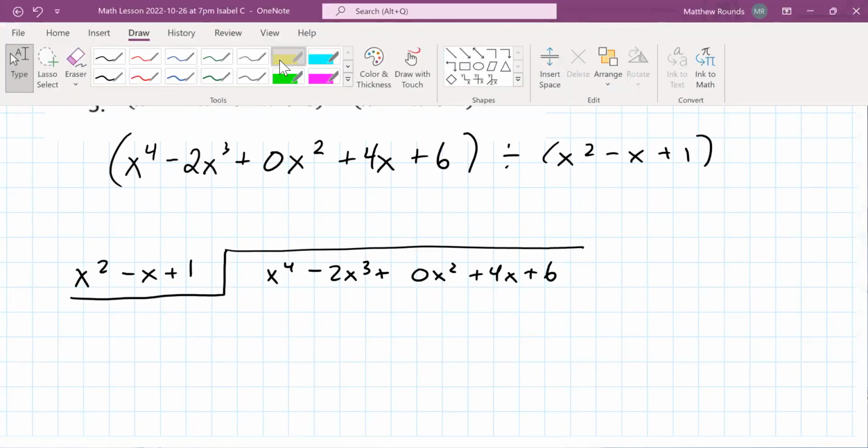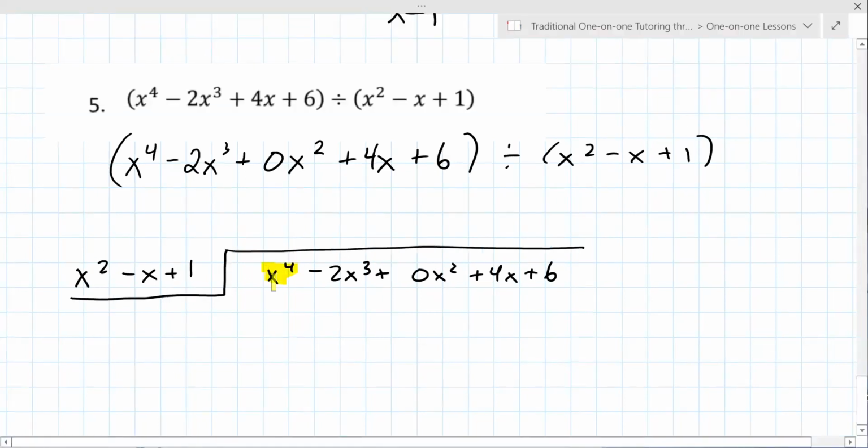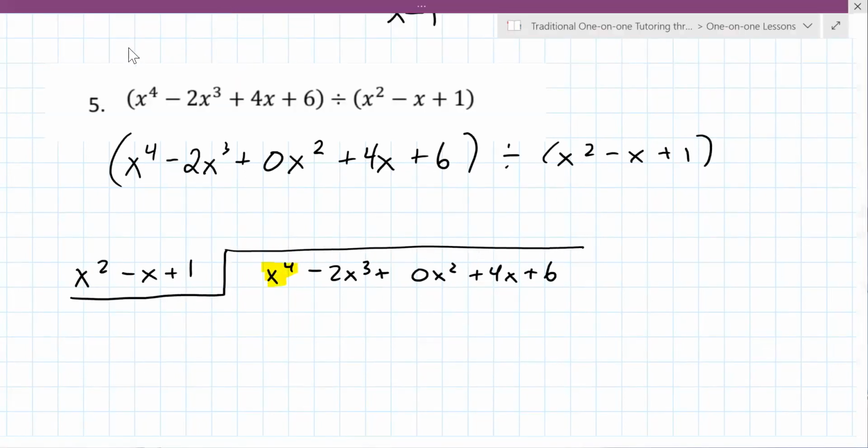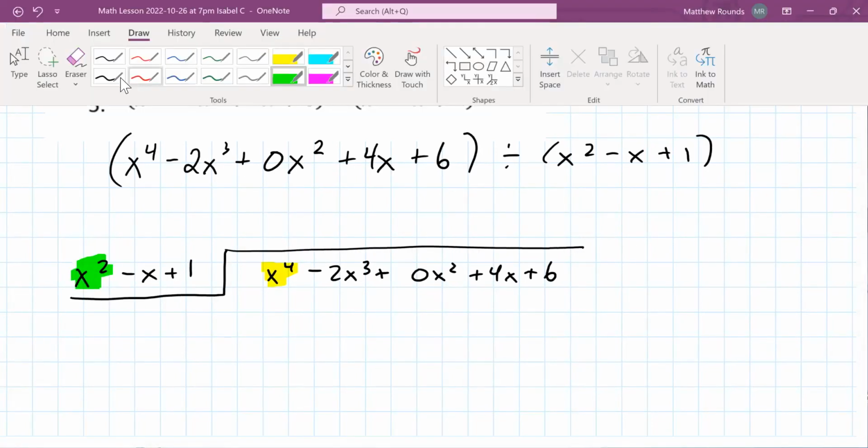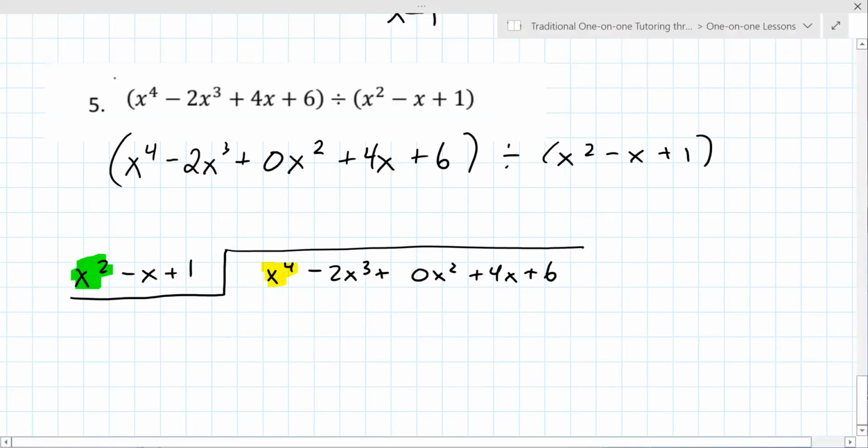All right, so your attention is on x to the 4th and x squared. What do you multiply x squared by to get x to the 4th? It would be x squared. So notice I put it in that missing column.